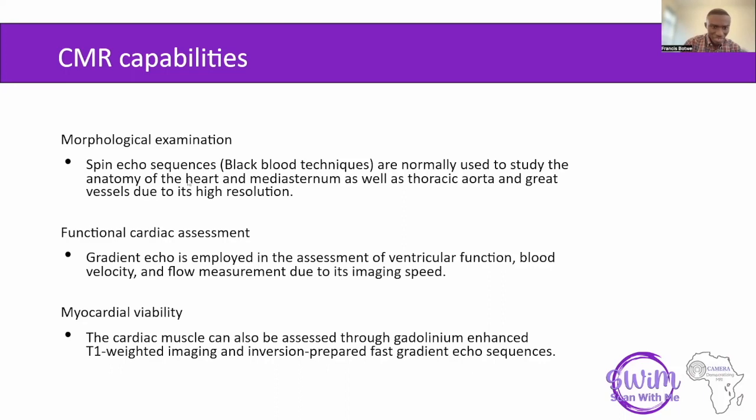For functional assessment of the heart, we normally use gradient echo pulse sequences. And if you are going to look at myocardial viability or changes, we normally give gadolinium enhanced on T1 weighted images, and we employ inversion prepared fast gradient echo sequences to achieve this.